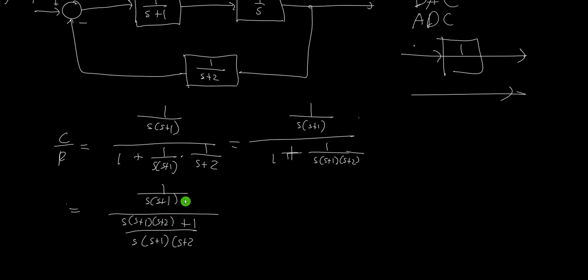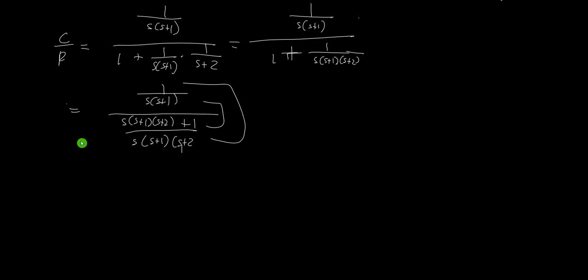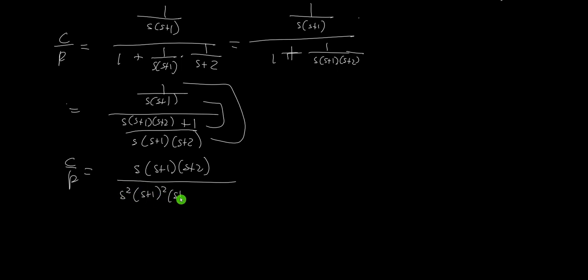And you can multiply this times this. So C over R, the transfer function, will be equal to S times S plus 1 times S plus 2, and this one times this one. This will be S squared times S plus 1 squared times S plus 2 plus S times S plus 1.